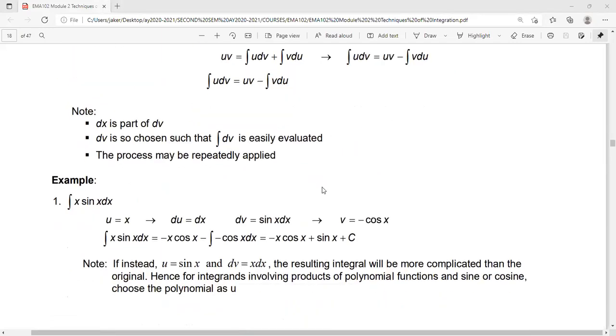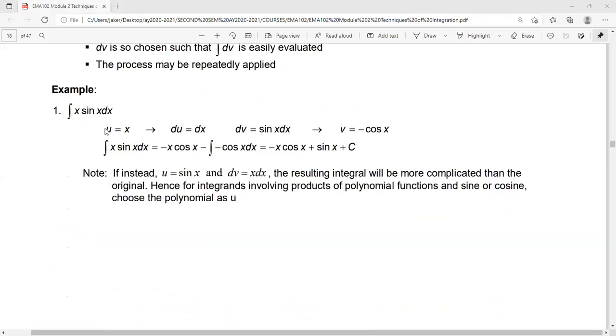Okay, I'll use this one as an example. Then I write the explanation here. Your u is the x because it's the polynomial. The remaining expression, the sine x dx, is your dv. That's your dv. This entire thing is your dv. Okay?